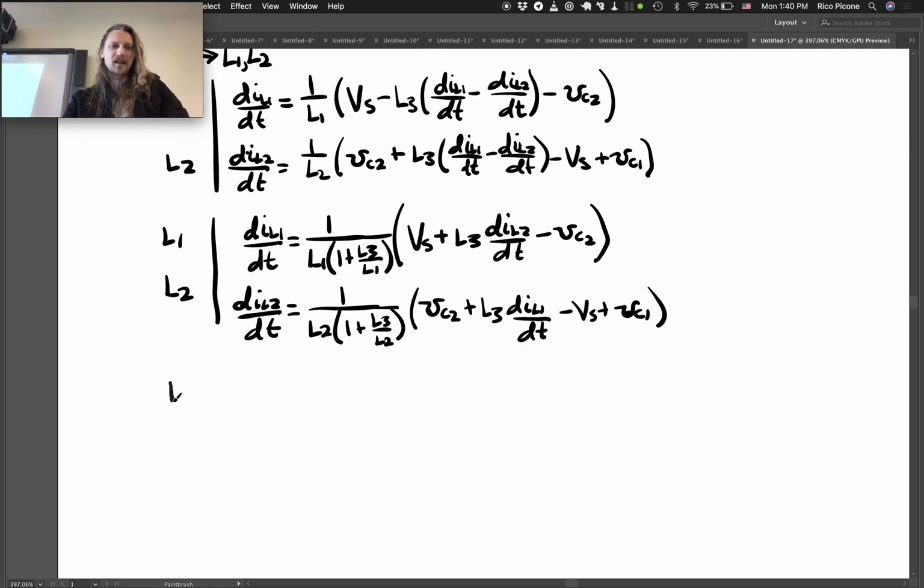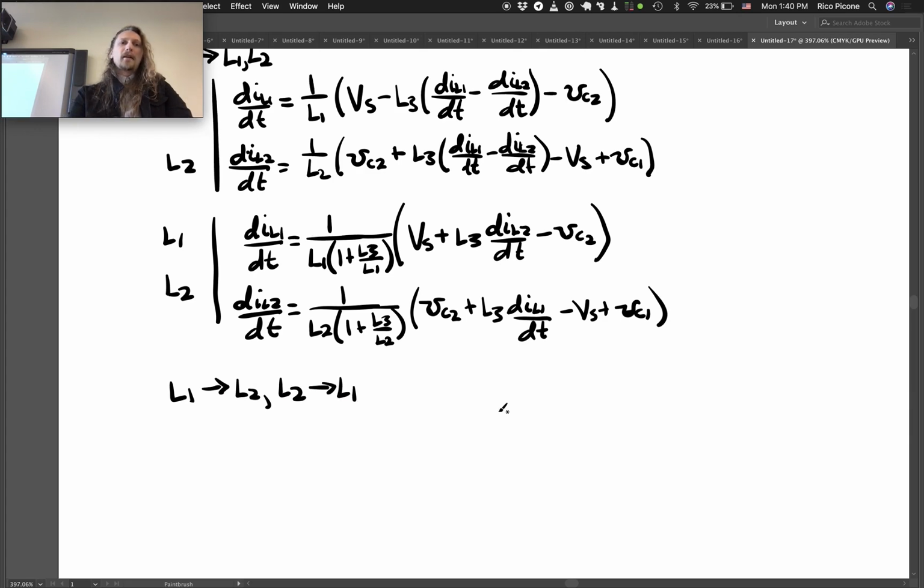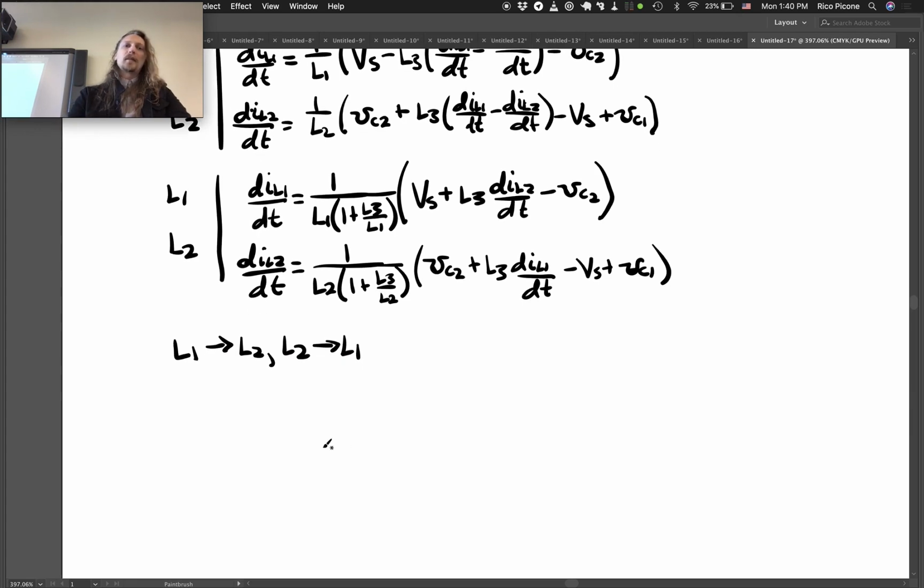I'm going to say this new L1 equation into L2, and the L2 equation into L1. And then we're going to rewrite our state equations, and I'm not going to find out what the coefficients are. It's a little bit messy, right? But I'll write them in general, and then we'll put them into our standard form, okay? I'll assume that you guys can plug this in and simplify it down. It's just a little bit of combining Vc2 terms, etc.